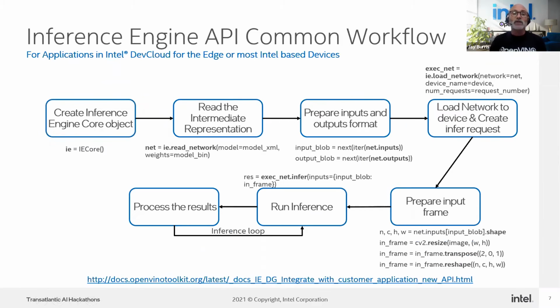The OpenVINO inference engine API workflow is a little more complex in that it services the range of Intel devices that we have on the market, the compute form factors, if you will. A couple of webinars ago I explained that OpenVINO supports Intel CPUs, Intel integrated GPUs and discrete GPUs, and the VPUs, which is the Intel Myriad X chipset.